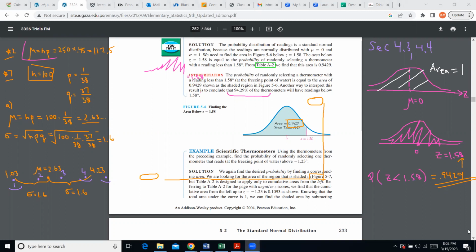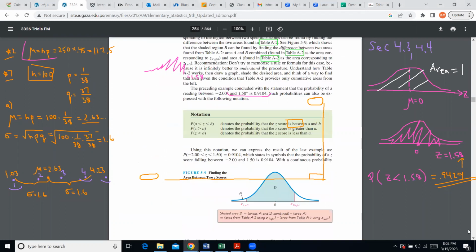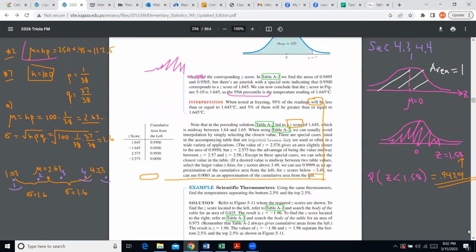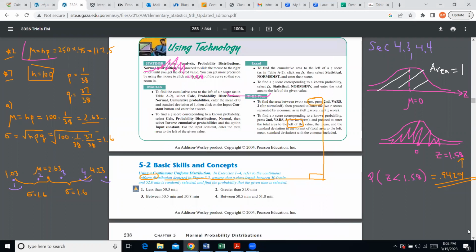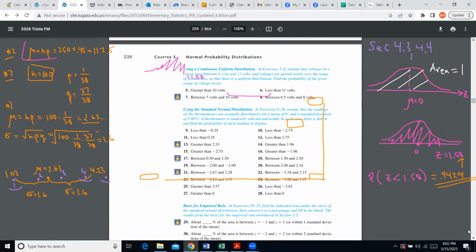So I'm going to go to the section end where the exercises are and do a few exercises. Let me start with problem number 9 here. I'm in section 5.2.